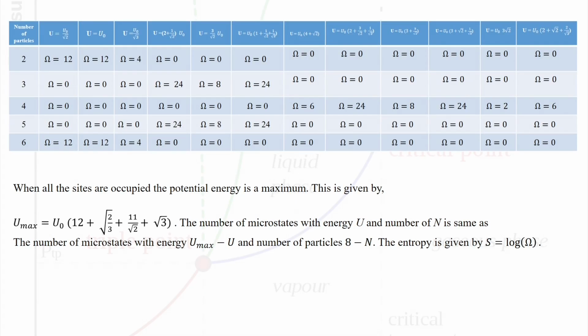The table is as follows. I have purposely omitted one charge. If there is one charge, there is no fun, because for the potential energy you need a minimum of 2 charges. But I have also interestingly omitted 7 and 8.